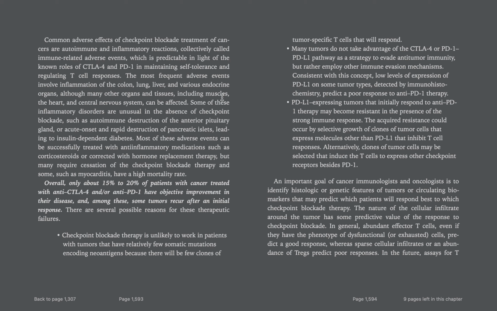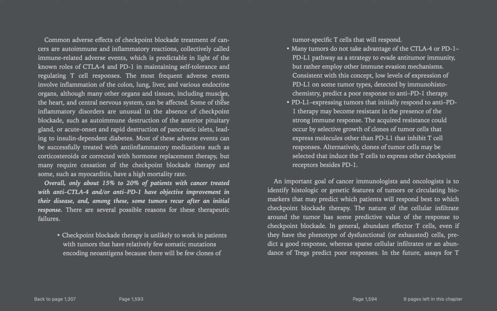An important goal of cancer immunologists and oncologists is to identify histologic or genetic features of tumors or circulating biomarkers that may predict which patients will respond best to which checkpoint blockade therapy. The nature of the cellular infiltrate around the tumor has some predictive value for the response to checkpoint blockade.